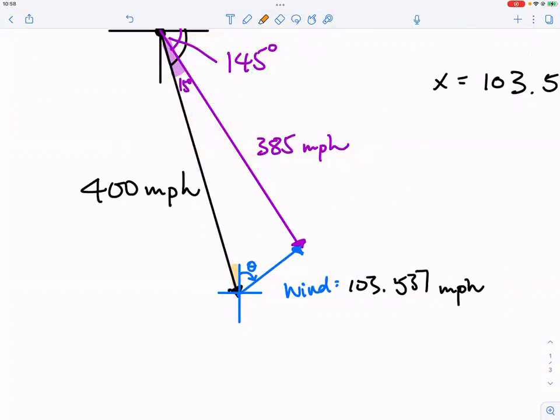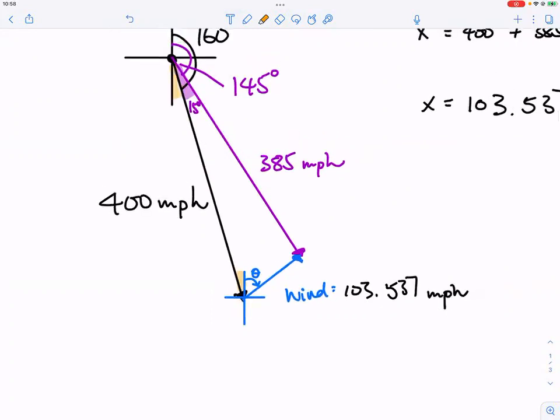What is this tiny little slice? 20. Because? Yeah, so this is 20. So this is 20 degrees. So this is 20 degrees as well. Right? So alternate interior angles. Okay, so this is 20. That's also 20 degrees.